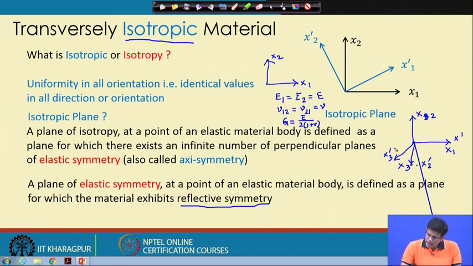So, basically the x1 x3 plane has the reflection symmetry. This is known as the elastic symmetry, which we know from our previous lecture.